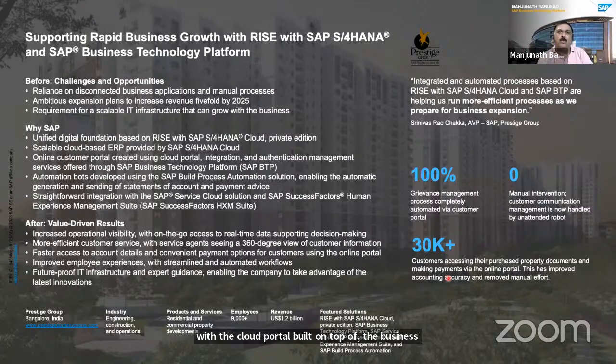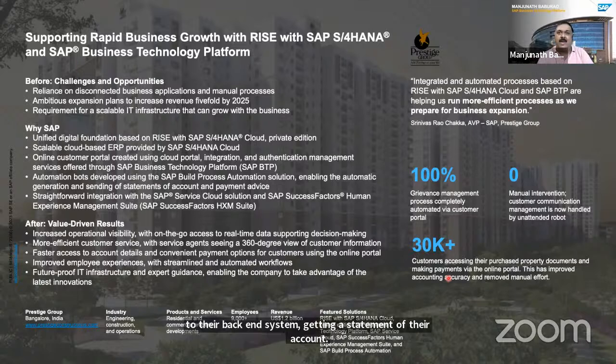Via that cloud portal, they have deployed unattended bots, which do the mundane task of asking the customer, what is your customer ID? What is your application ID? Whatever the identifier is, going back to their backend system, getting a statement of their account, telling them how much they have to pay, and pointing them to the link where they can make the payment.